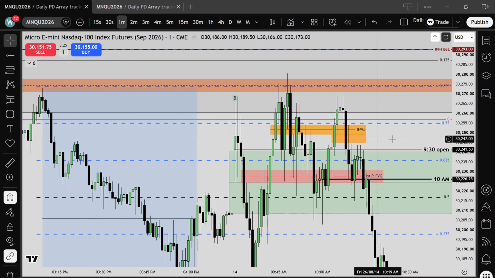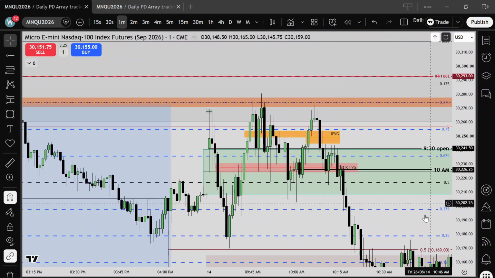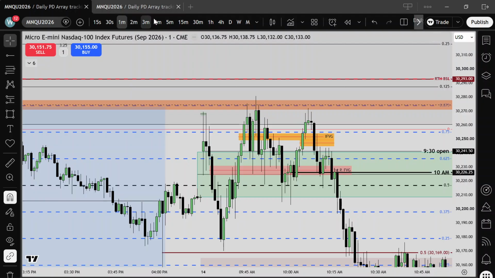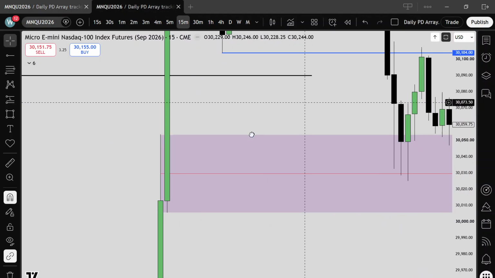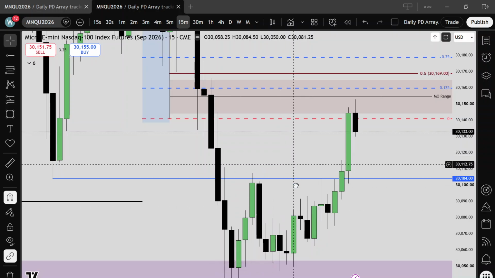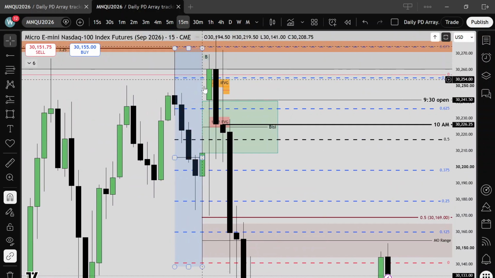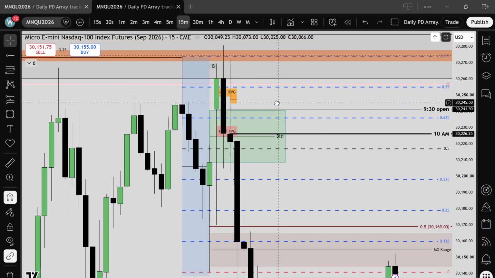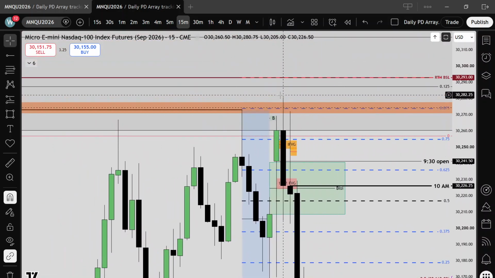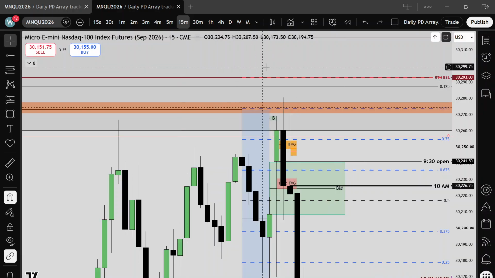That, from a narrative perspective and from a 15-minute time frame perspective, the minute this closes right here, anything above 10 o'clock is a sell. Stop goes above here or wherever.